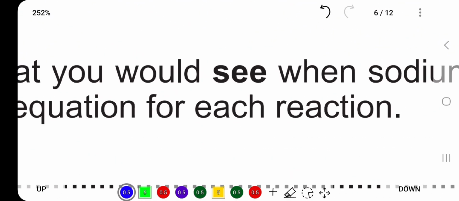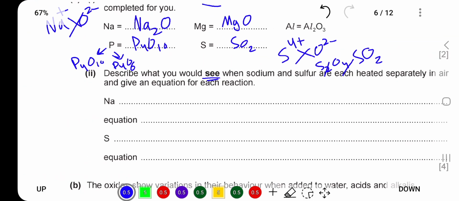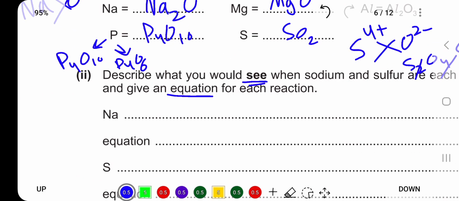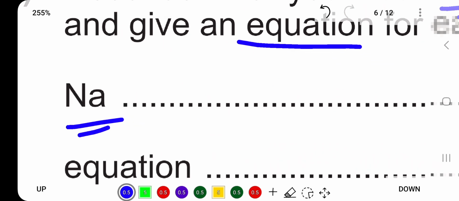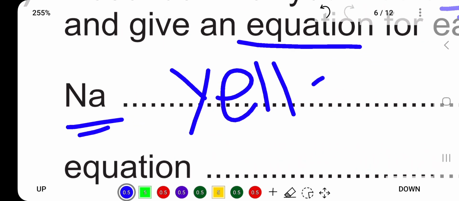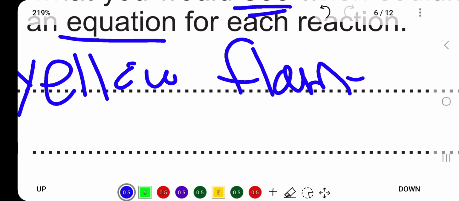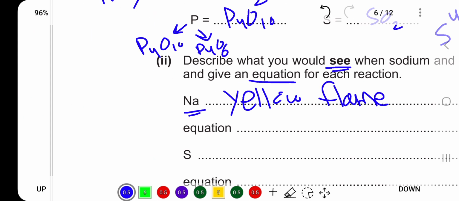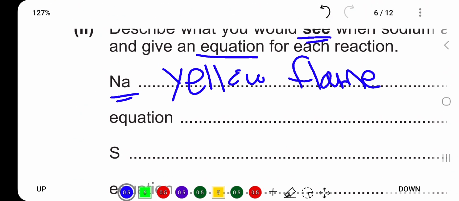Describe what you see. Sodium and sulfur are each heated, okay? And give an equation. So Na, whenever you see Na, you can remember that there is a yellow flame. Alright? Please learn the flame color of the atoms, please. It's very, very important.